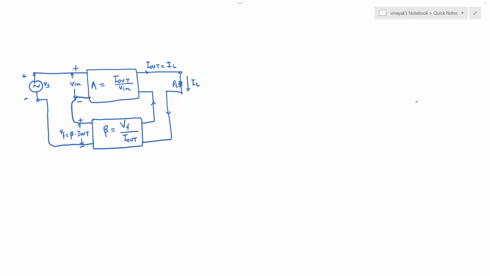Well, let us analyze this another feedback network, which is represented by a two-port network, and we want to identify whether this is a current amplifier, a voltage amplifier, or trans-resistance amplifier, or trans-impedance amplifier.